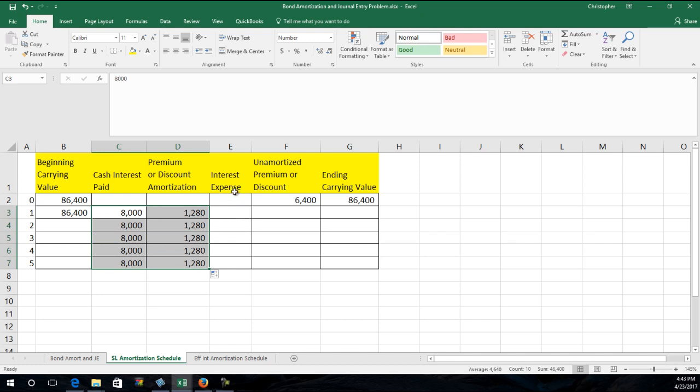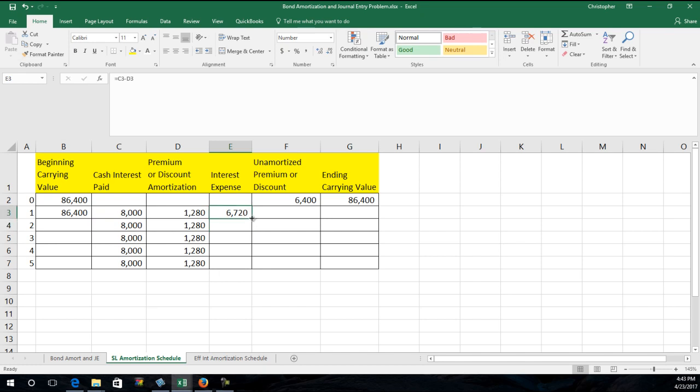Now, the interest expense is going to be, since we're dealing with a premium, the difference between the $8,000 and the $1,280. When you have a premium, this reduces interest expense. And we'll see why when we get to the journal entries.